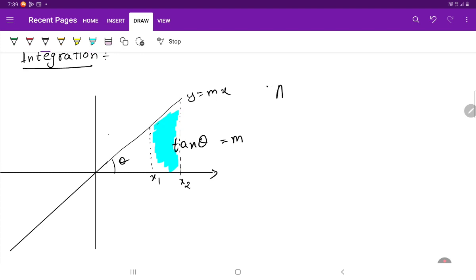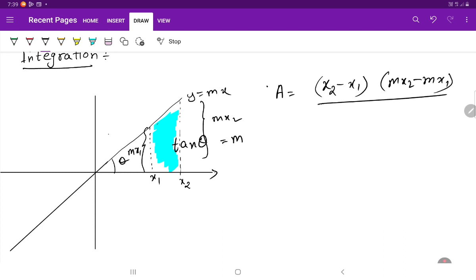So this area is given as x2 minus x1 into, this height is mx2 and this height is mx1, so you can write it as (mx2 plus mx1) by 2.